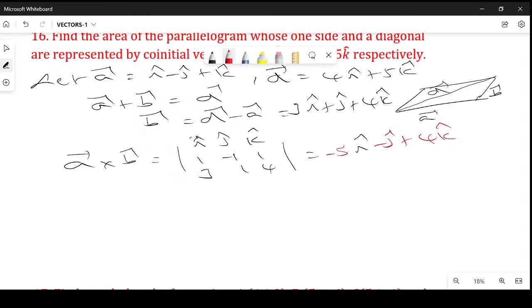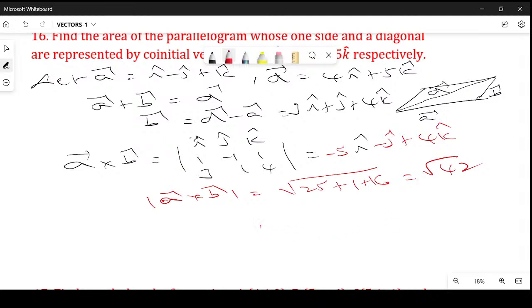It comes to minus 5 i cap minus j cap plus 4 k cap. Magnitude of this: mod a bar cross b bar equal to root of 25 plus 1 plus 16. Correct, you can add this. The value is root 42. Therefore, the area of the parallelogram is equal to root 42 square units.